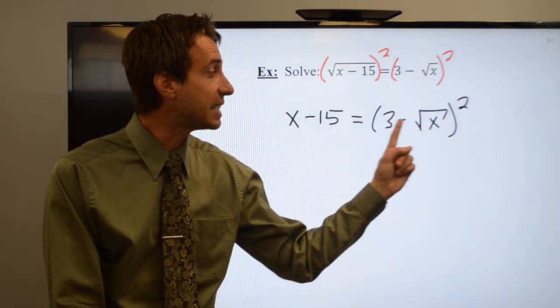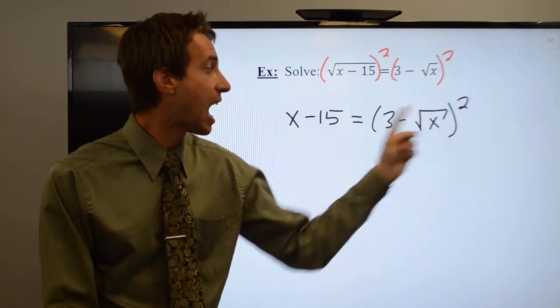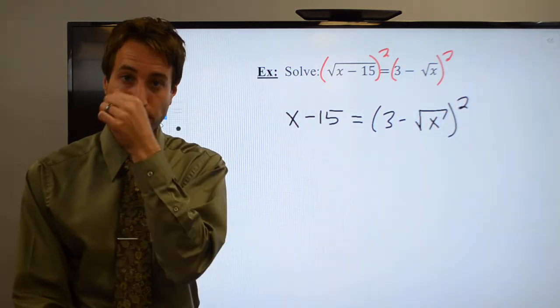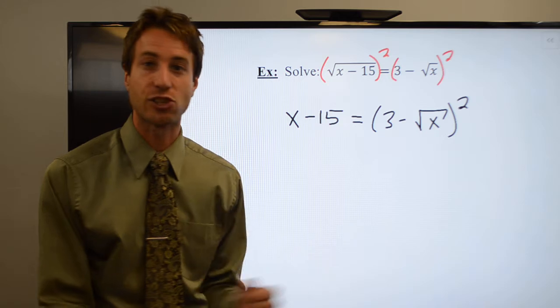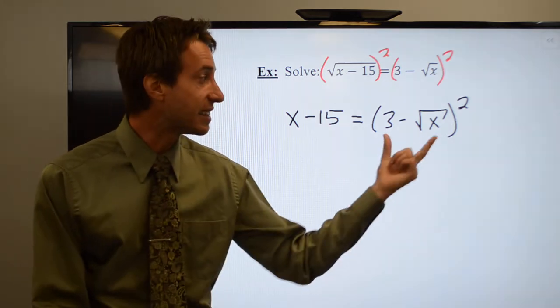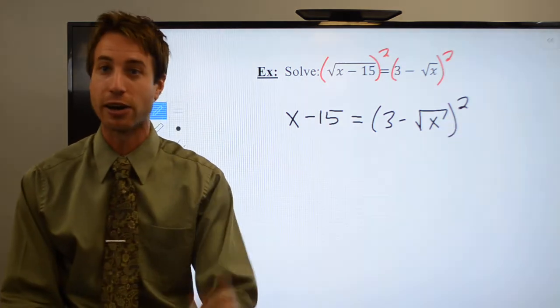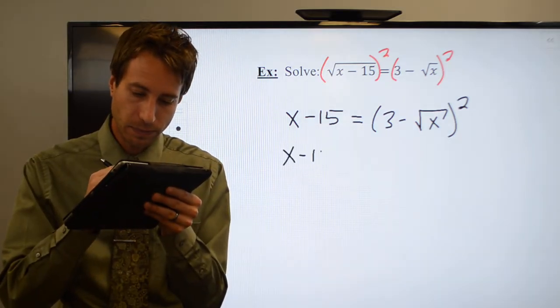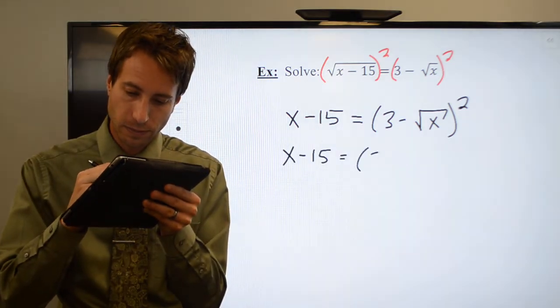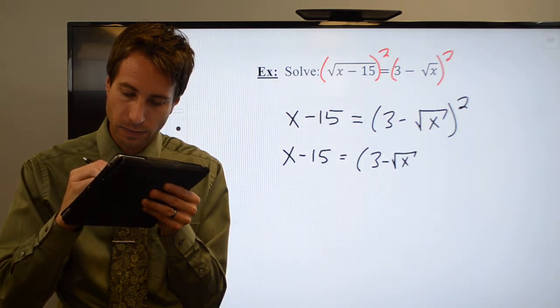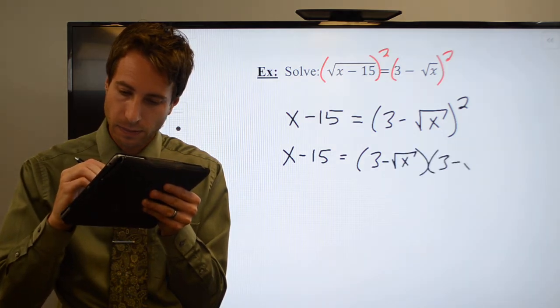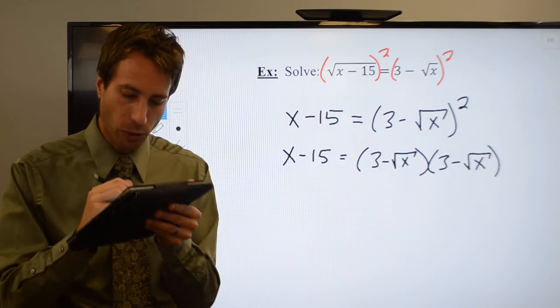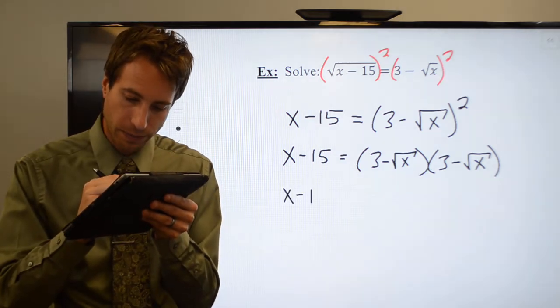If it was 3 times the square root of x, I would square everything inside the parentheses. But it's not multiplication, it's subtraction. That means that this is a binomial squared, and you will need to FOIL. No big deal. We know how to FOIL.